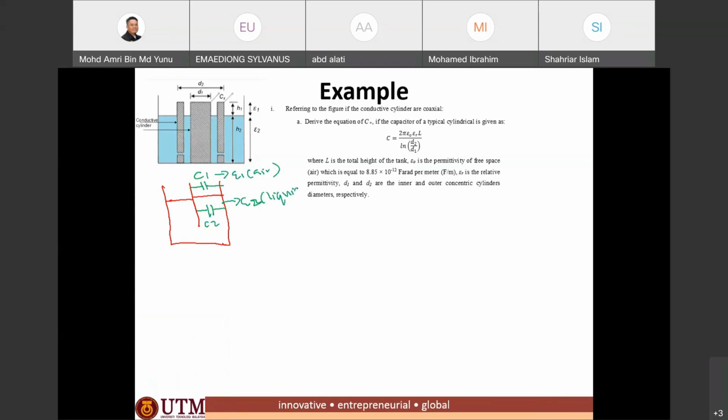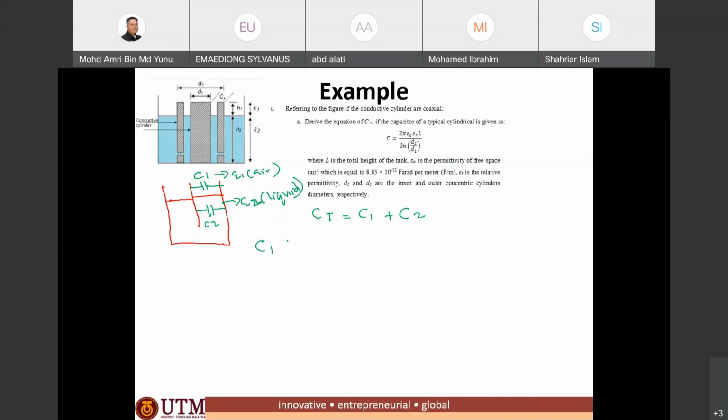This means that the total capacitance is C1 plus C2. So we need to figure out the capacitance from C1 and then the capacitance from C2.